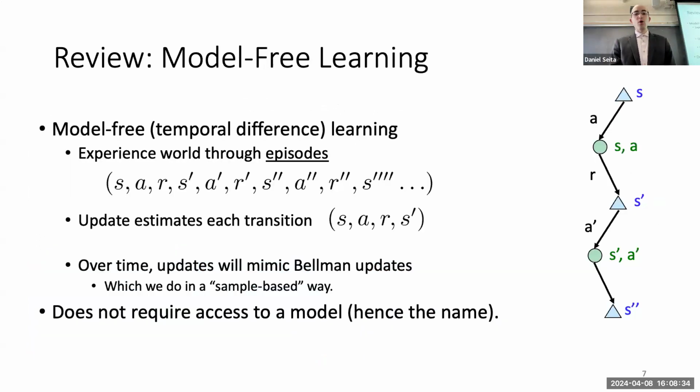And we also talked about model-free learning, the idea that the agent will experience the world through episodes. So episodes will have a starting state. So you have your state. It takes some action, gets a reward, gets the next state, the next action, and so on. And that's what the primes indicate, the next time step.